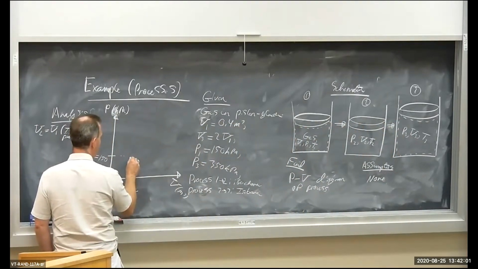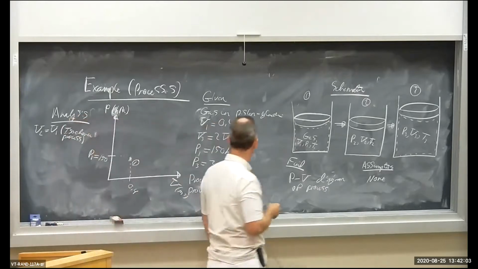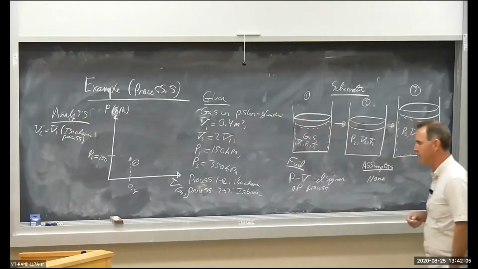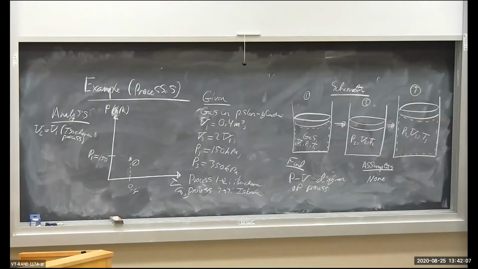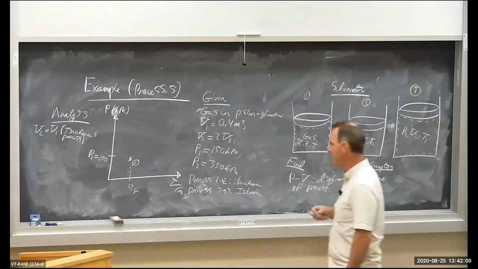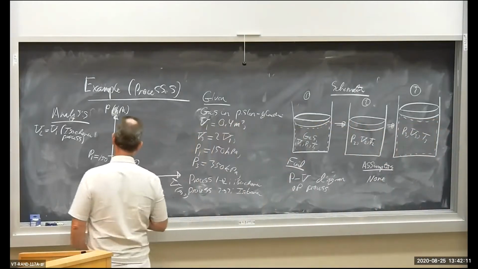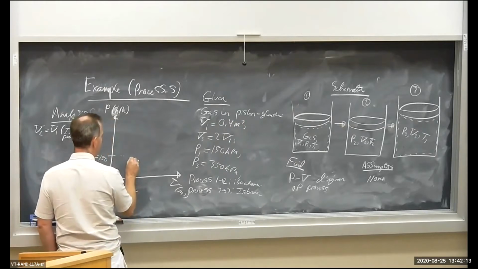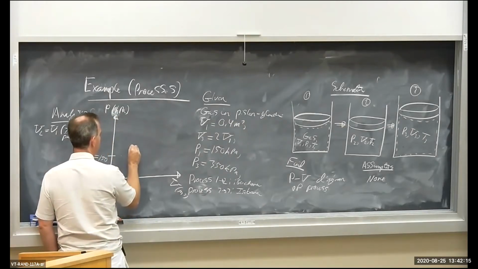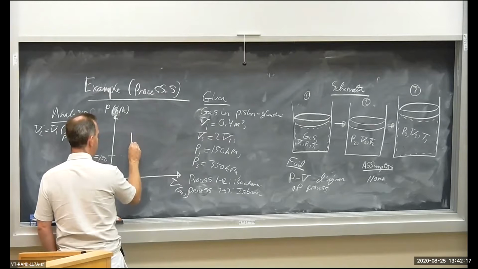So V1 to V2 is an isochoric process. That means volume remains constant, and we're moving up and down this line here, okay?